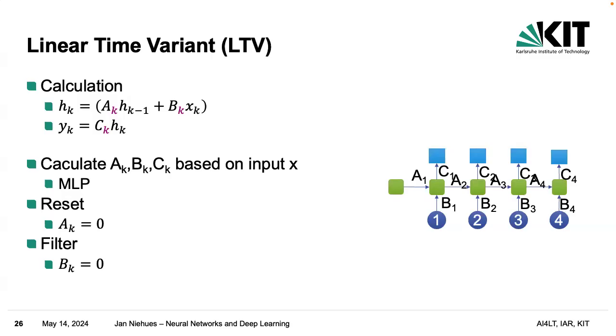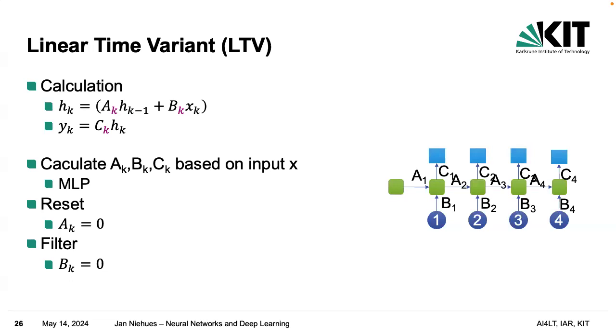The main difference is now here in purple: our calculation is no longer constant over time. So now our weight matrices A, B, and C depend on the current time step. AK is not always the same, B is not always the same, and C neither. And this allows us to do this process of resetting the input or ignoring some inputs, like a filter.